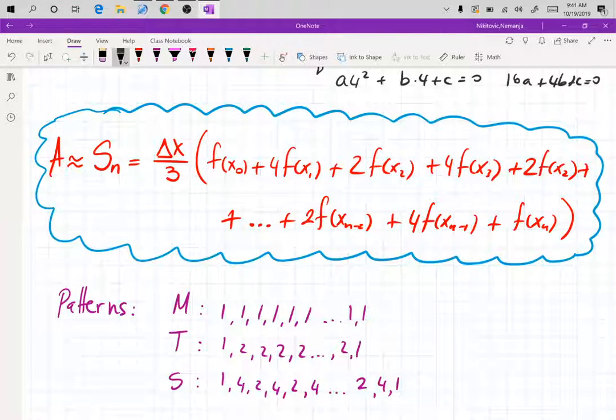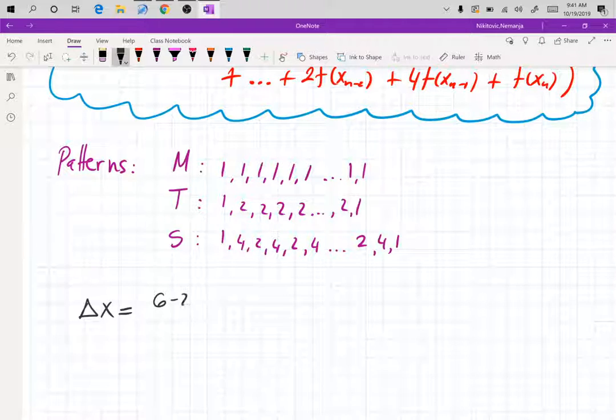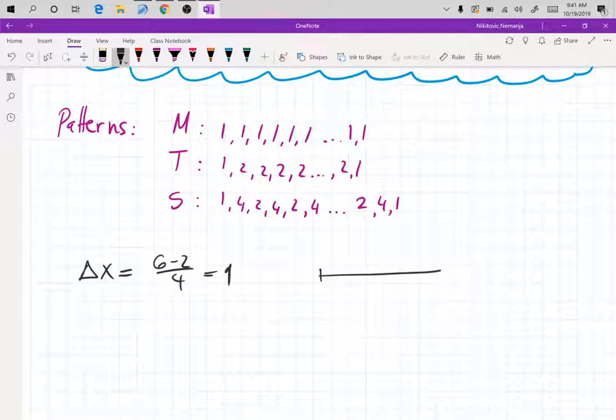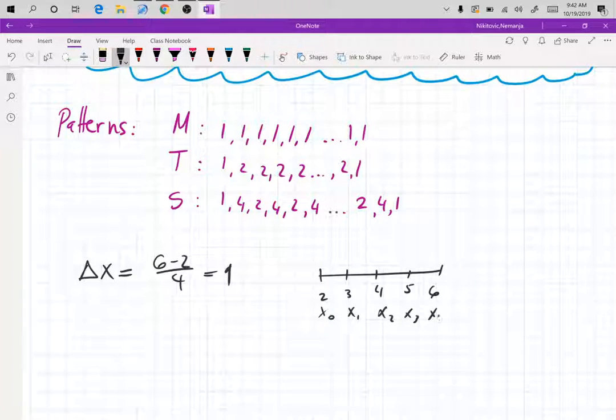So if we are to work out our problem from before, delta x is again 6 minus 2 over 4, which is still 1. The partitioning is still the same: 2, 3, 4, 5, and 6. So those are your x0, x1, x2, x3, x4.